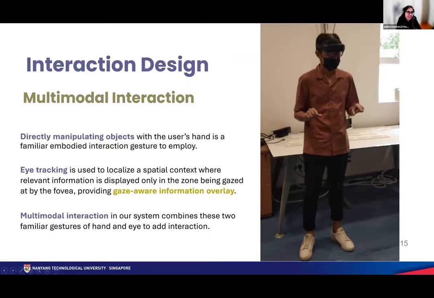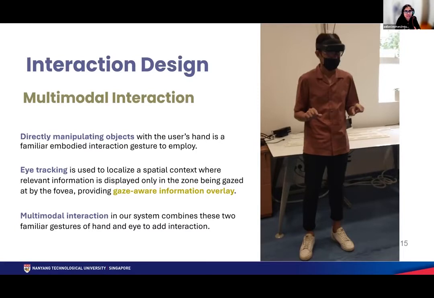But in such a task critical environment, relying on hand gestures alone may induce fatigue. So additionally, with augmented information in an out-of-tower view, flight tags and billboards create visual clutter as well, which also potentially decreases the situation awareness of the controller. So to address these issues, we propose a novel information overlay technique that restricts relevant information using the controller's eye gaze.